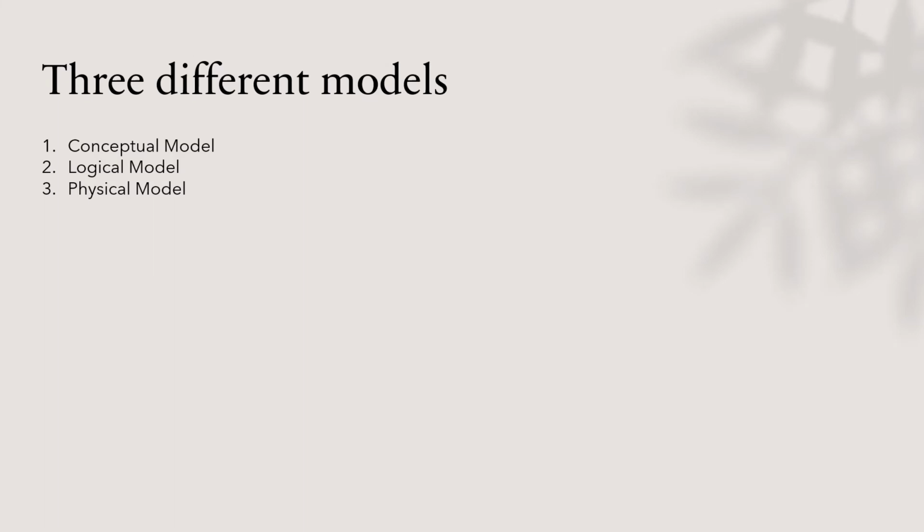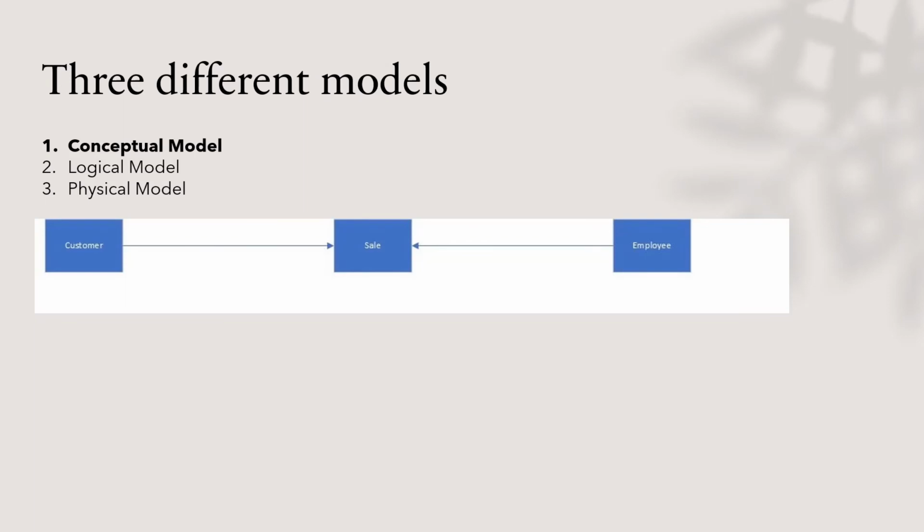Essentially, front-end developers are working with languages such as C++ and Java, and they'll use SQL code within these programs. What a back-end developer does is go all the way from creating a conceptual model, which is a rough draft of how the database should look and what's included in it.